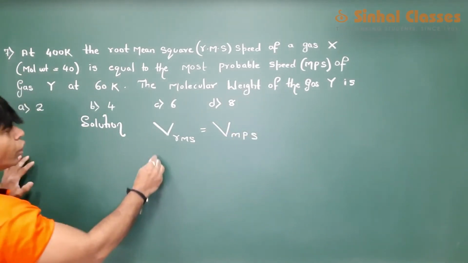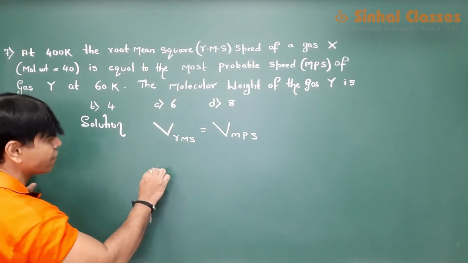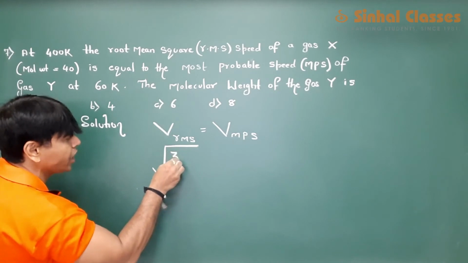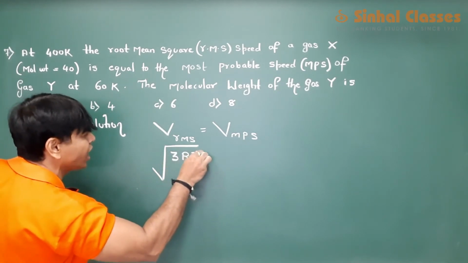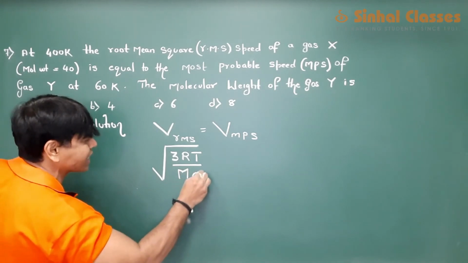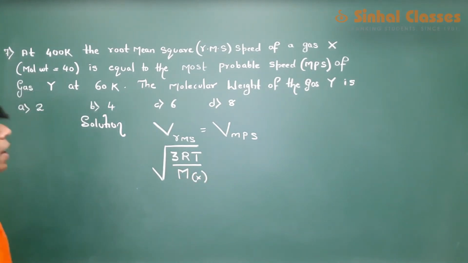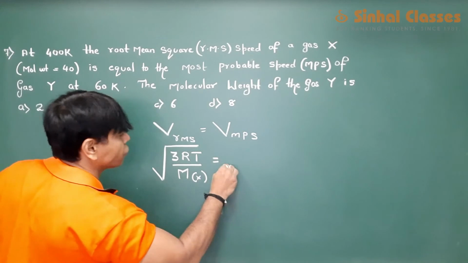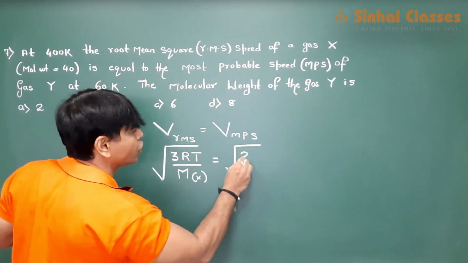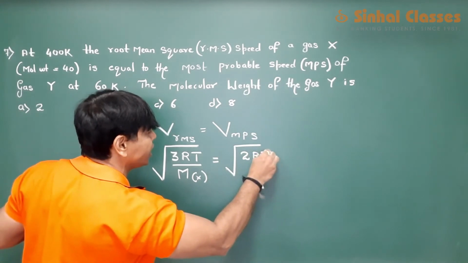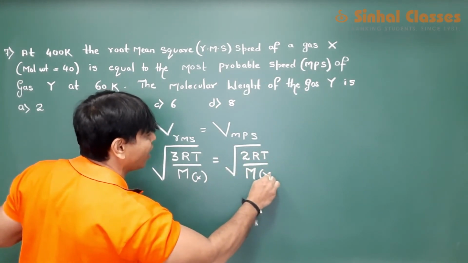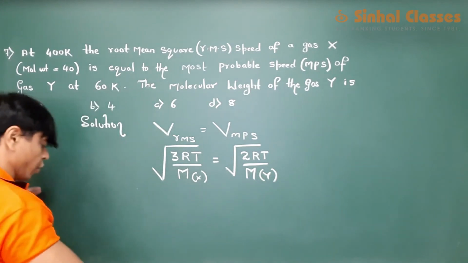Now we all know RMS is given by root of 3RT upon molecular weight of gas X, and MPS for gas Y is root of 2RT upon molecular weight of Y.